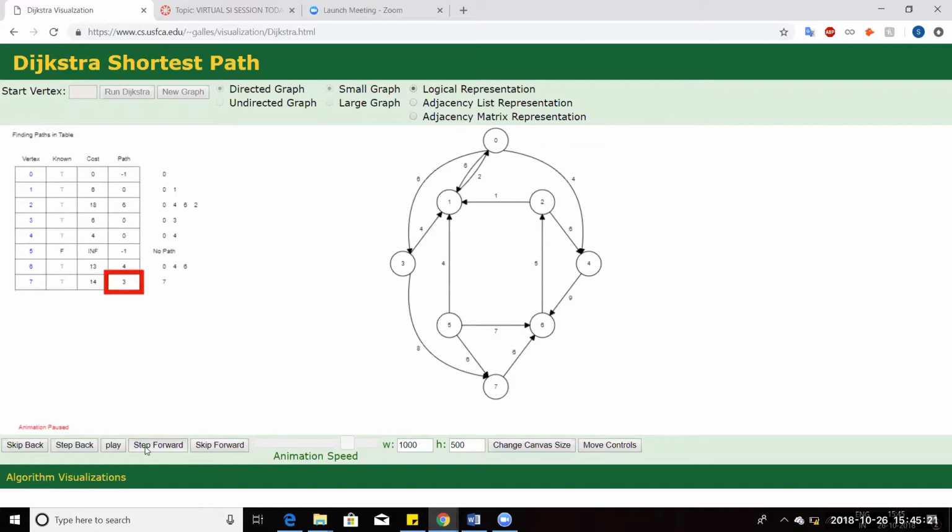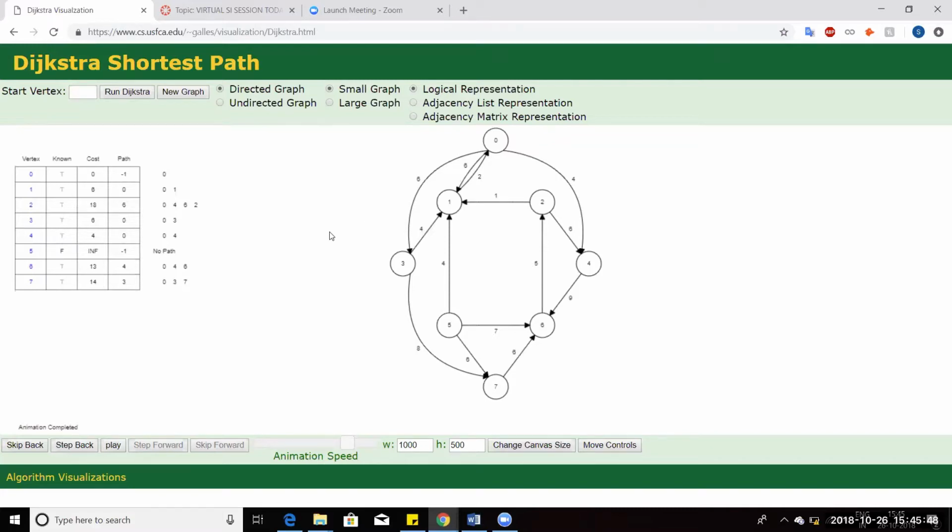And we'll go to 7 through 0, 3, and 7. Okay. So this is our final answer. This is Dijkstra's shortest path in order to traverse all the nodes given in such a way that even if we have cycles in the graph, we are able to tackle those cycles and find out the shortest path.